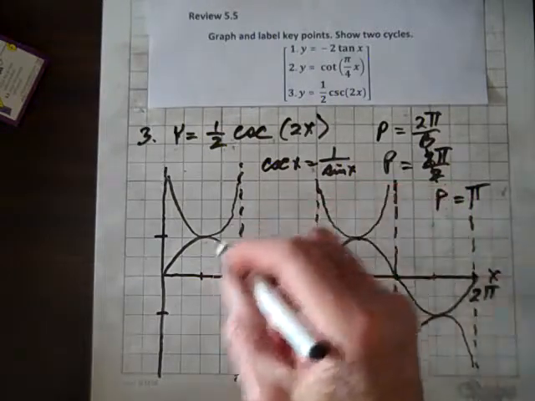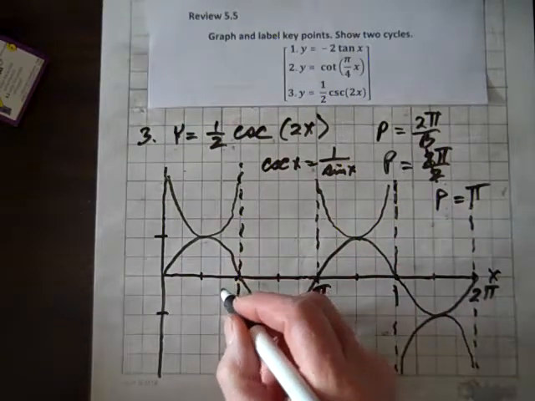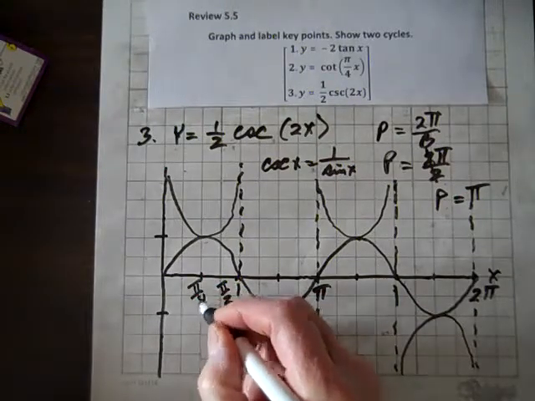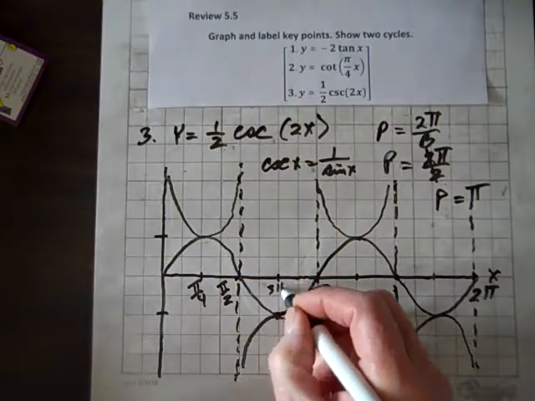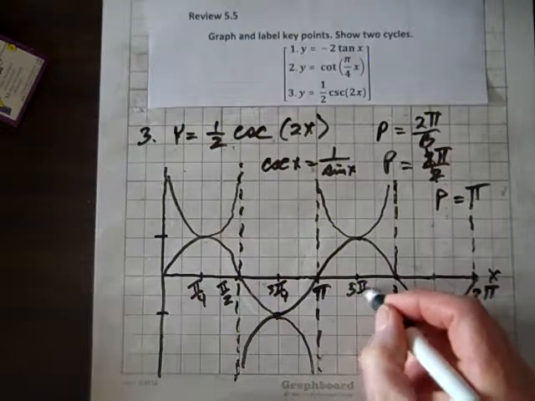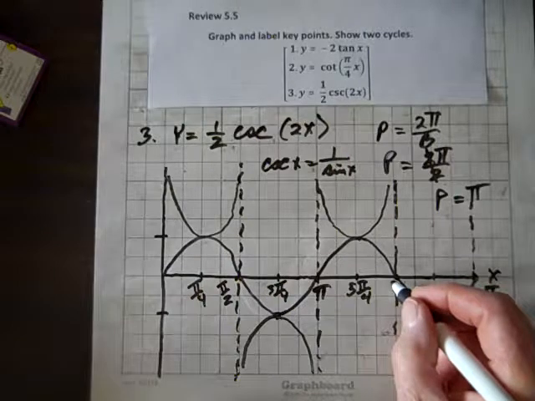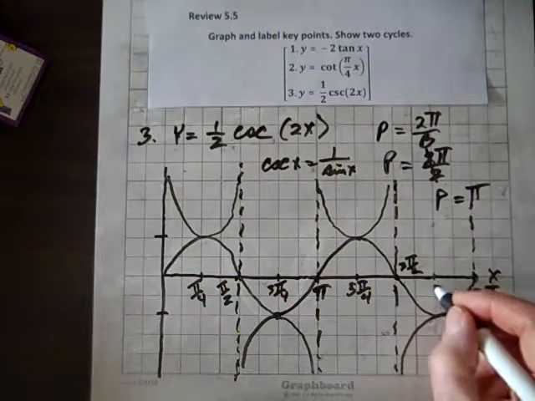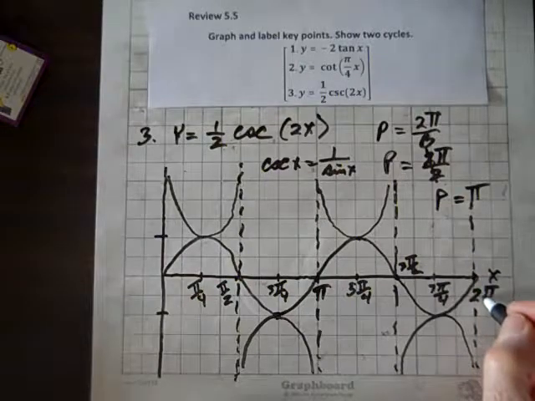And now, let's label these other key places. This is pi, and then this would be pi over 2. This would be pi over 4, so we can count them out. Pi over 4, 2 pi over 4, 3 pi over 4, 4 pi over 4 is pi, 5 pi over 4, 6 pi over 4, which reduces to 3 pi over 2, 7 pi over 4, 8 pi over 4, which becomes 2 pi.